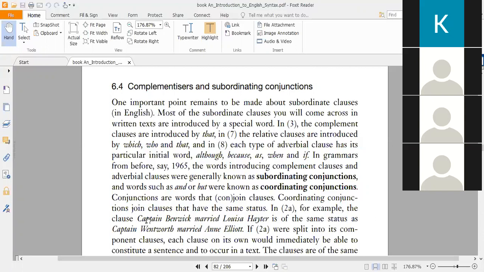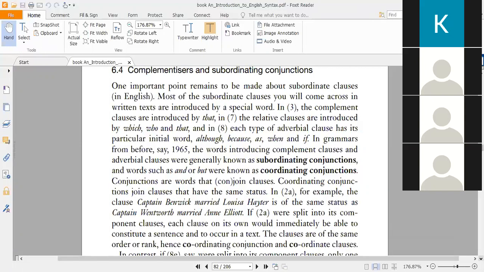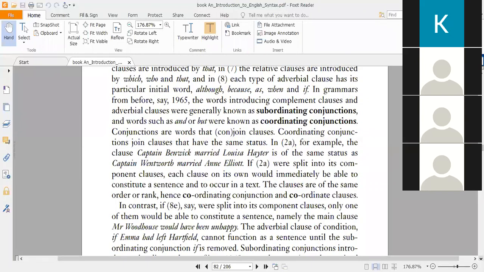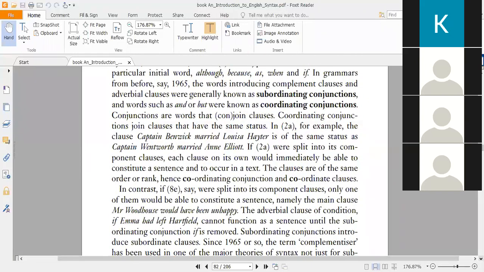In 2a, for example, the clause Captain Benwick married Lucia is of the same status as Captain Wentworth married Anne Elliot. And if 2a were split into its component clauses, each clause on its own would immediately be able to constitute a sentence and to occur in a text. The clauses are of the same order or rank, hence coordinating conjunctions and coordinating clauses.